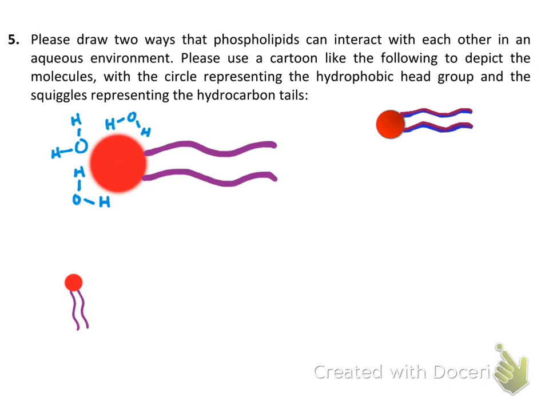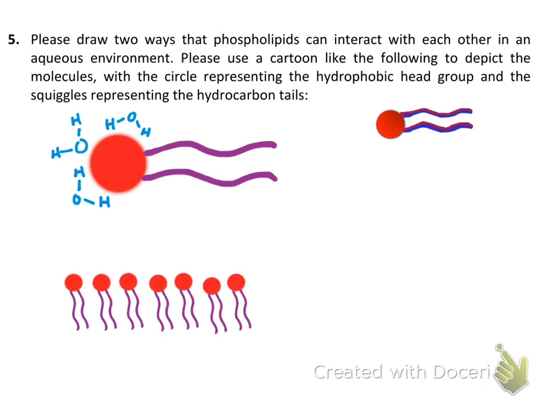One possible way that these can align is as follows. They can arrange themselves in a way such that these polar head groups are able to interact with each other and water on this interface over here. But this would present a problem with the hydrophobic tails, because then they would have to interact with water as well. So what can they do to seal this off?